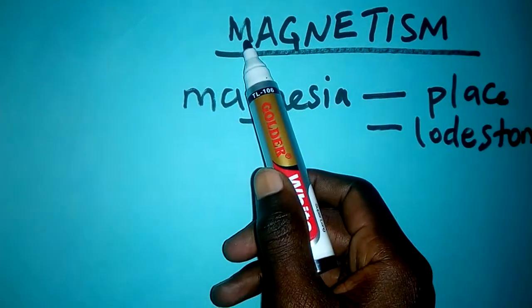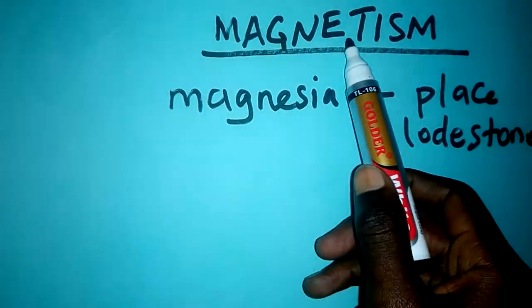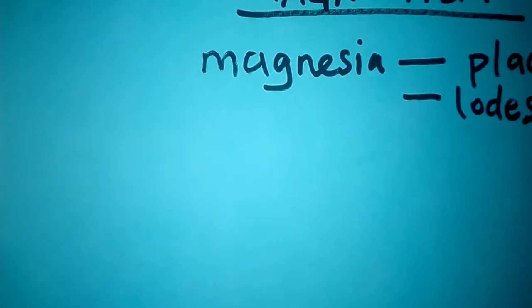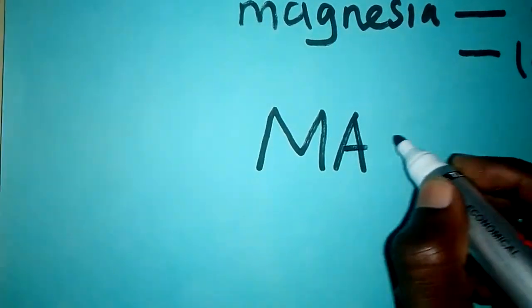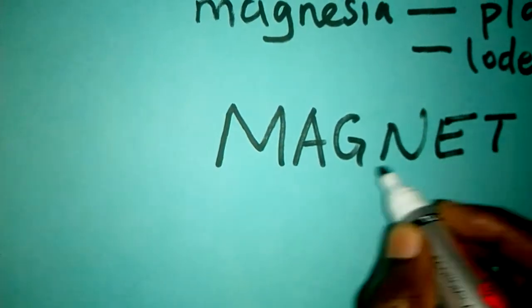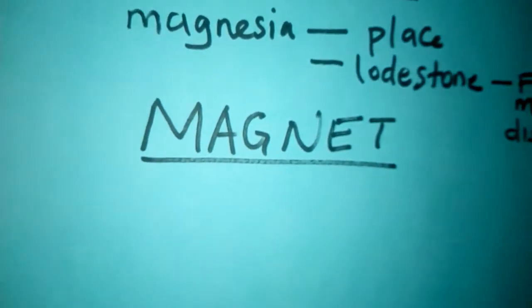Now, when you look at this word critically, you realize that there is a word magnet in it. So I want us straight away to look at the word magnet. What do we mean by a magnet? We have said the lodestone was the first magnet. But what is a magnet?